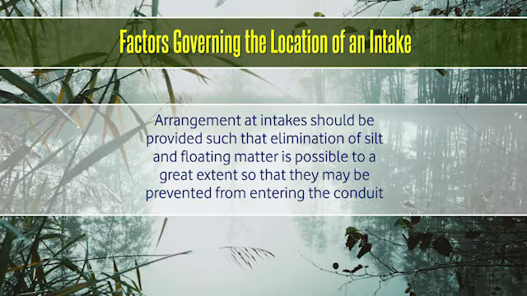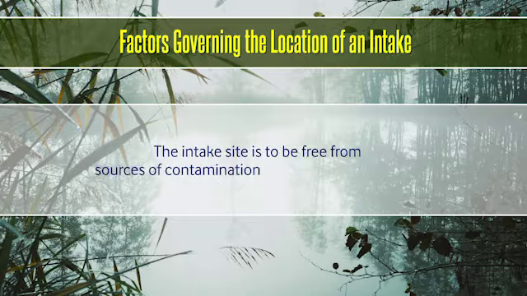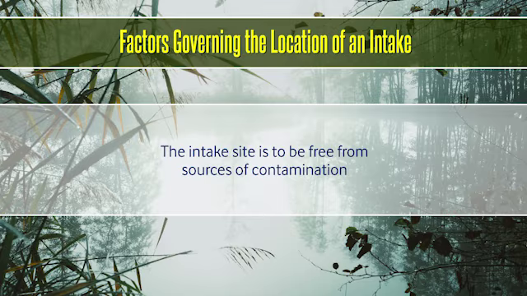Arrangement at the intake should be provided such that elimination of silt and floating matter is possible to a great extent so that they may be prevented from entering the conduit. The intake site is to be free from sources of all types of contamination.